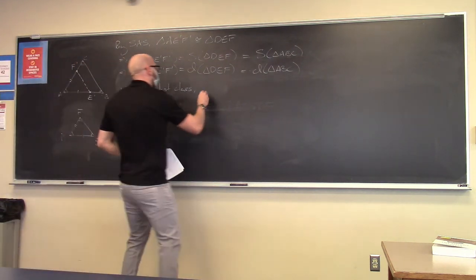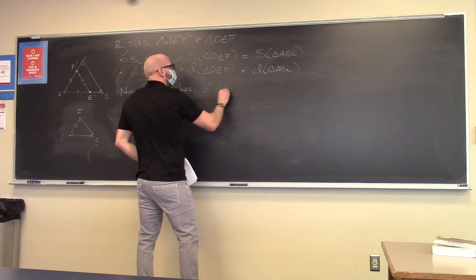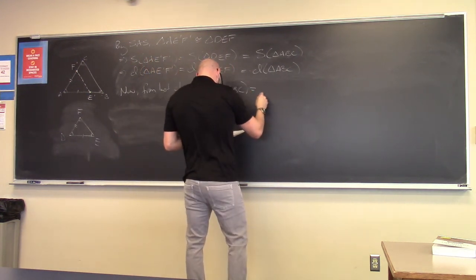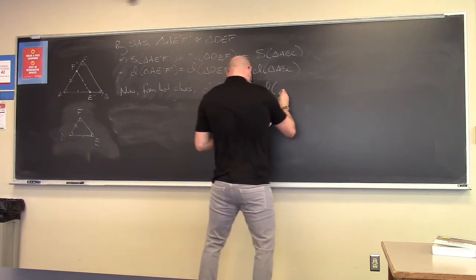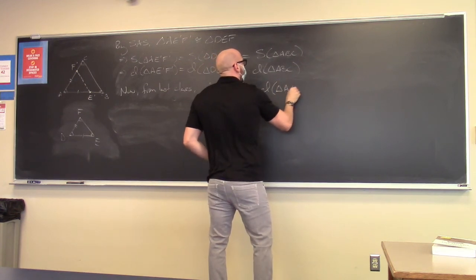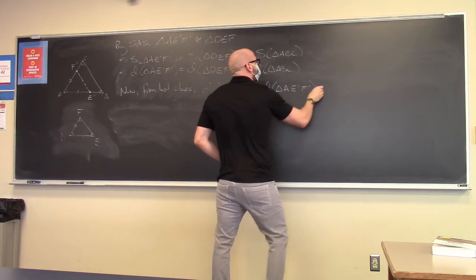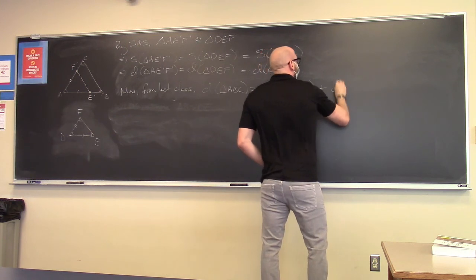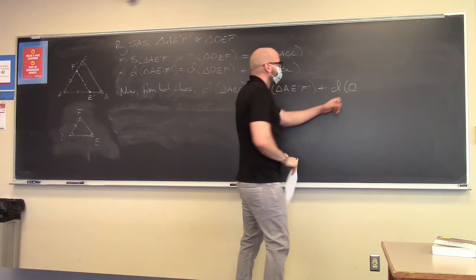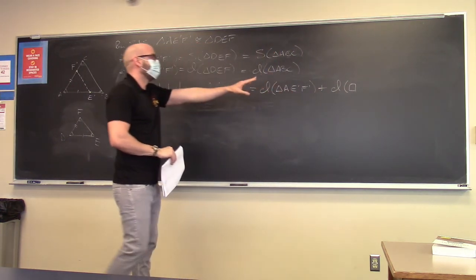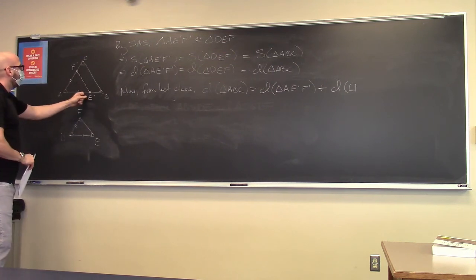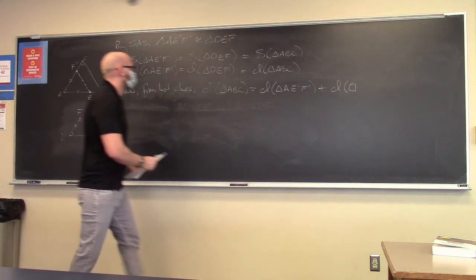So from last class, the defect of triangle ABC is the defect of triangle AE prime F prime, plus the defect of this quadrilateral. I don't think the textbook tends to put a little quadrilateral symbol here. When they're dealing with quadrilaterals, they just put all four letters, but I like the little square in the box. We'll call it E prime, B, C, F prime.